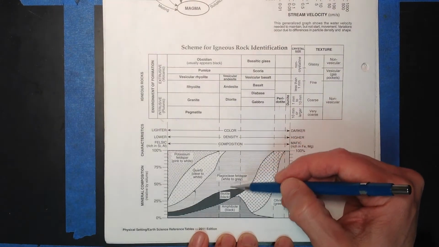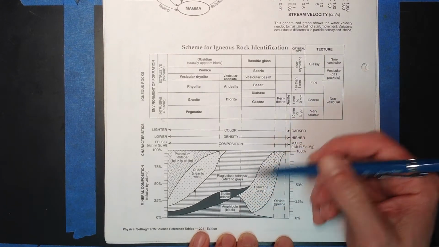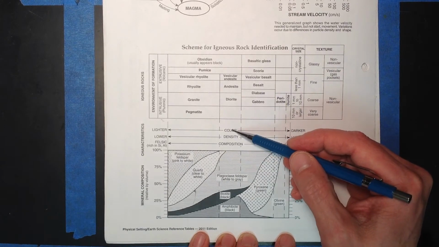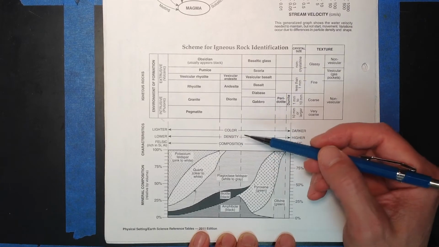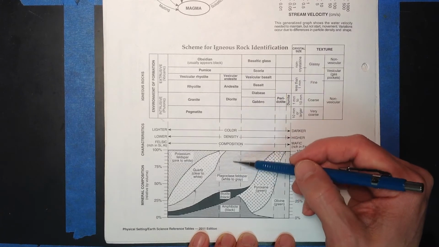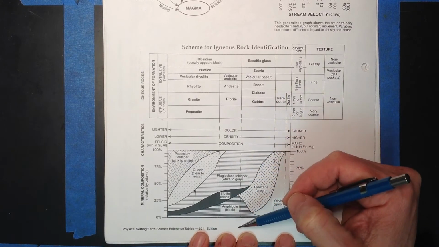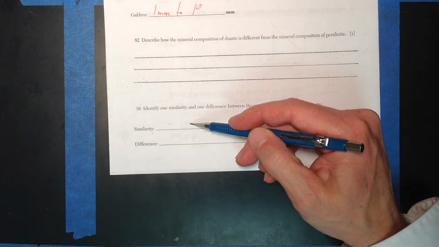They're both made of plagioclase and biotite and amphibole, mostly. So the mineral composition is what's similar. You probably could say that the color should be generally similar, the density. But the best answer is probably that they have similar mineral composition. They're made of similar minerals. So that would be a good answer for similarity.